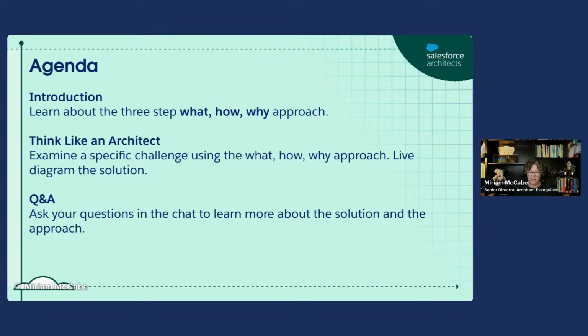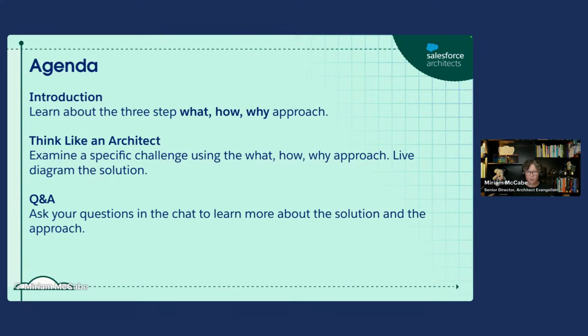As part of today's agenda, we're going to start with the approach that we've been using. It's going to be a refresher of the approach from episode 1 as well. So if you're new, listen up. We'll then go into a specific challenge and use that approach to break down the thinking steps that I take as an architect to tackle any kind of business challenge.